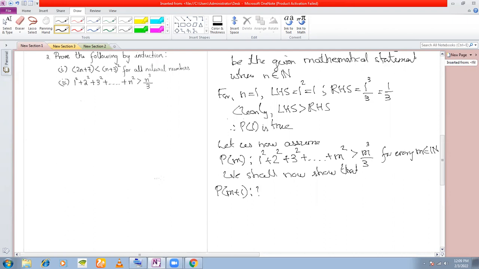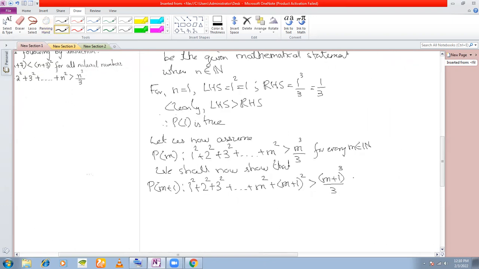What is Pm plus 1 statement? 1 square, 2 square, 3 square up till m square, and you have an extra term, m plus 1 whole square, is greater than, replace m by m plus 1 on the right hand side, so m plus 1 cube by 3 for every m belongs to n, is true whenever Pm is assumed to be true.